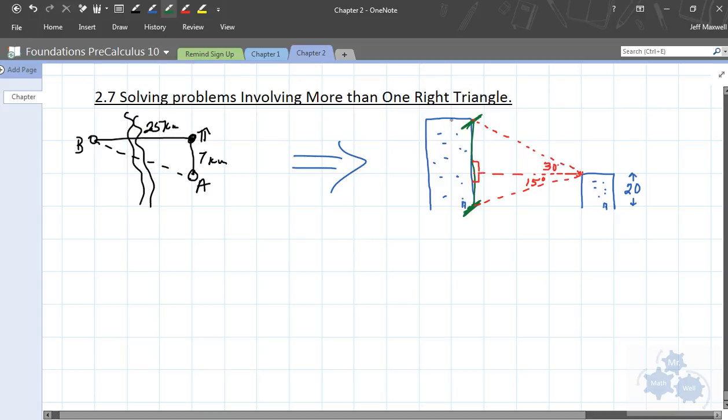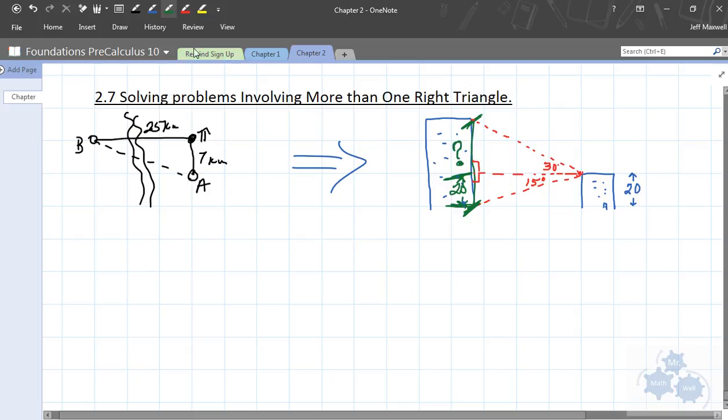Do we know part of the height of this building already? We do. What is it? 20. Look at this smaller building, and this is a horizontal line, so guess what? I know that this is 20 from here to here. I know that already, so that's going to be very handy. I need to find this part, right? Okay.